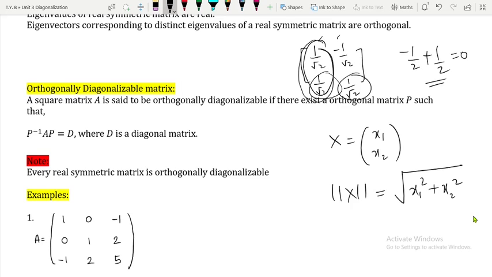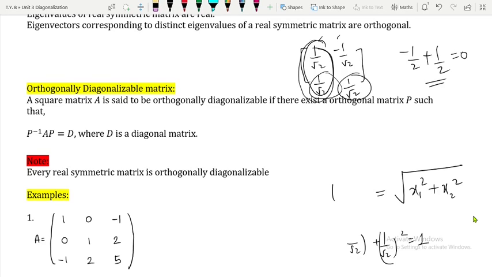Here, the norm of the first column will be the square root of (1 upon root 2) square plus (1 upon root 2) square, and you can observe that it is going to be 1. Similarly, the norm of the second column is also going to be 1, and a similar thing happens for rows also. So rows are also orthogonal to each other, and the norm of each row is going to be 1. These are the basic properties satisfied by an orthogonal matrix.